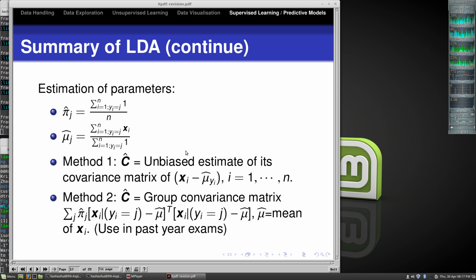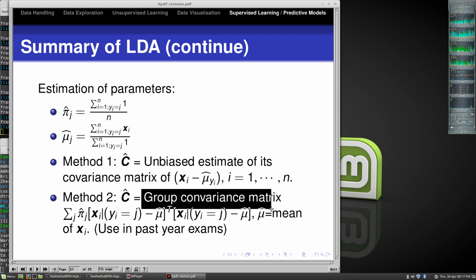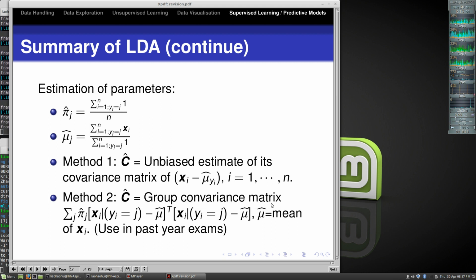So the estimation of parameters is actually given in your lecture notes examples. The one used in the past year exam question is the so-called group covariance matrix method. We'll continue to use this for calculation, just for you to get a feel of the complexity in parameter estimation.